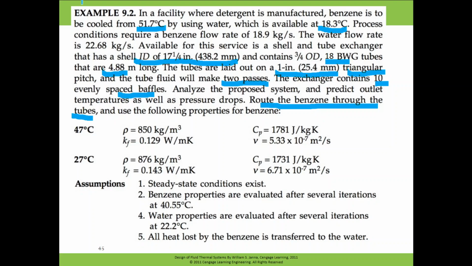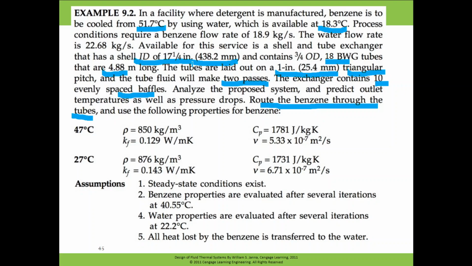So for the analysis of a shell and tube heat exchanger, or any design problem of a shell and tube heat exchanger, you need to have so many parameters, and these parameters are interconnected, so you have to be very careful about them. As far as the properties of water and benzene are concerned, you have to apply the same approach that was applied for the double pipe heat exchanger.